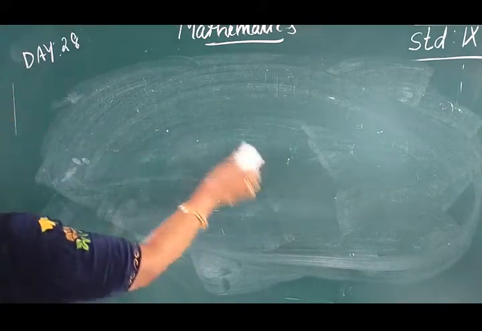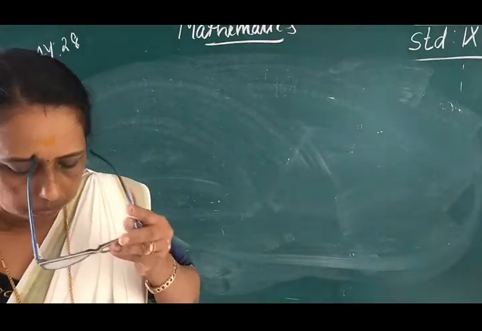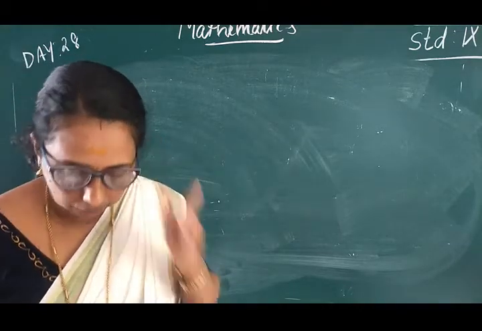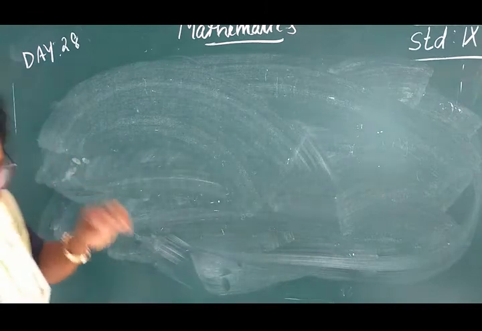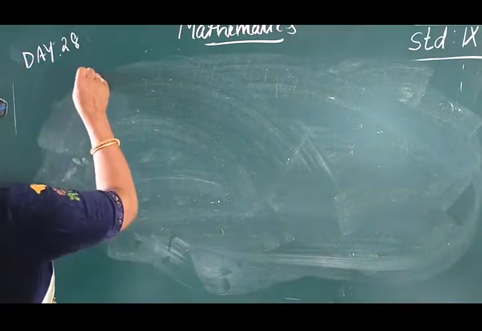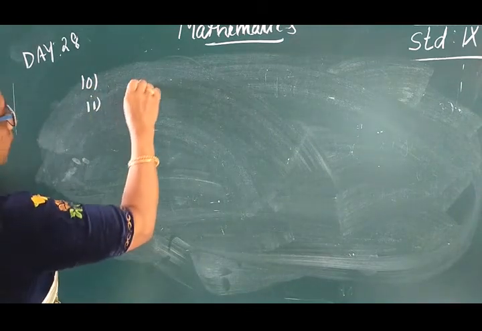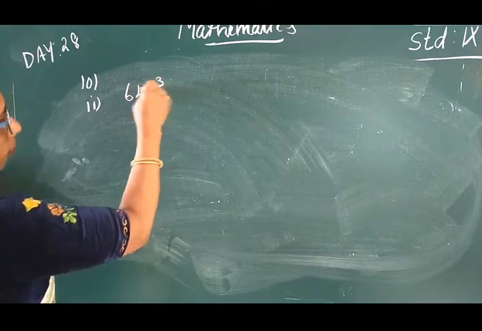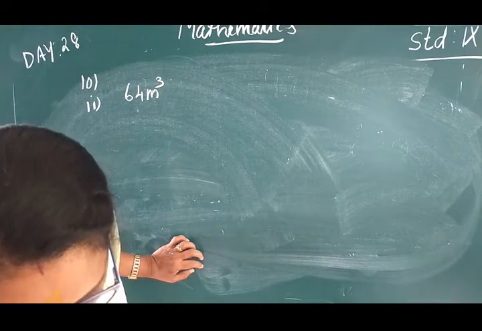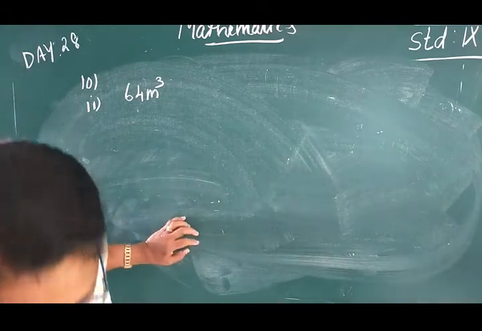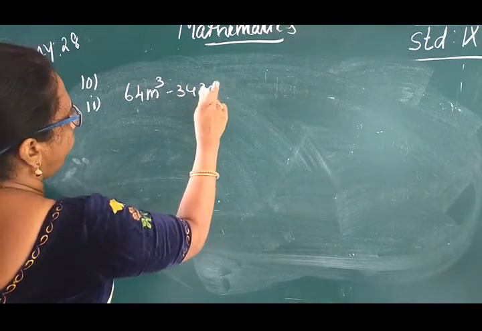This is the last problem of this lesson, so I will do it. No need to give homework. The second one in the 10th question: 64 m cube minus 343 n cube.